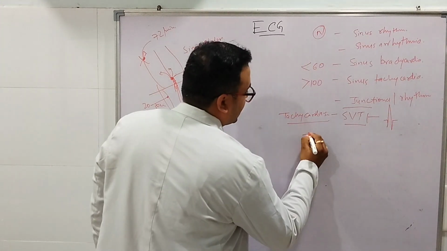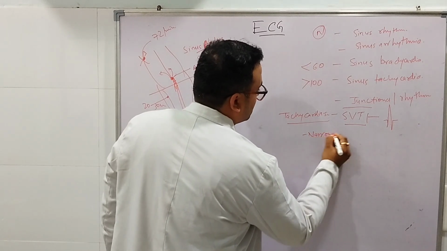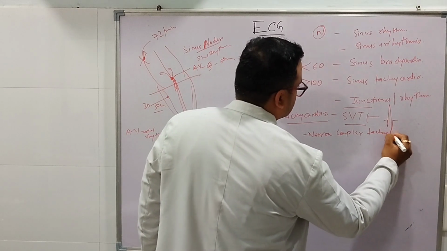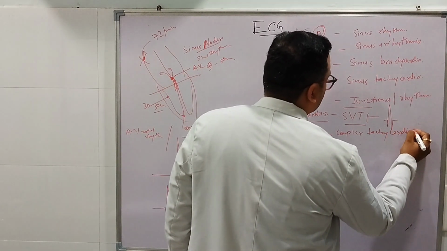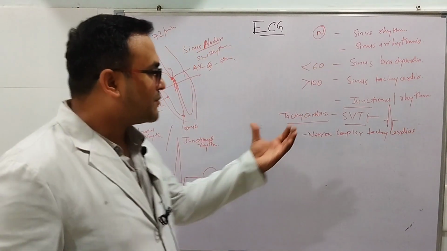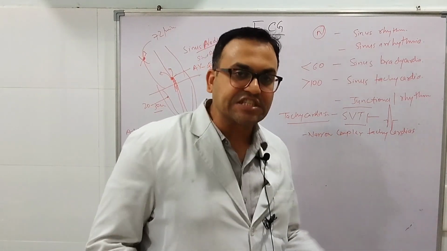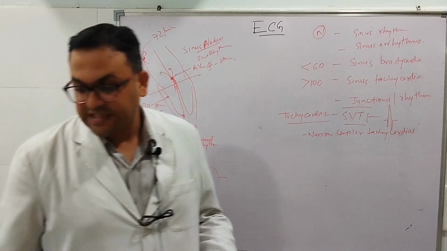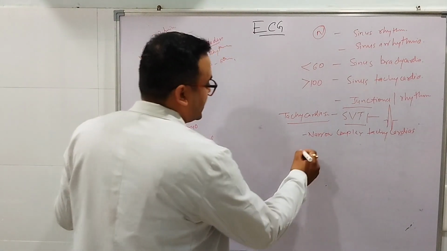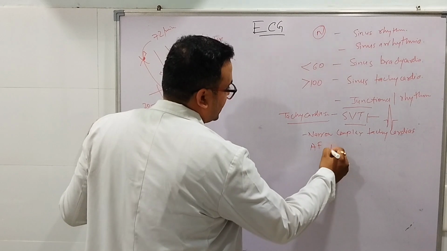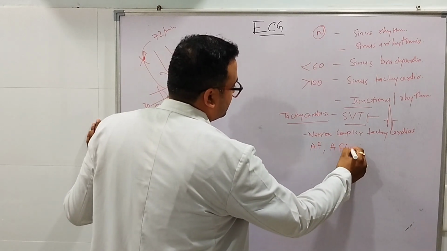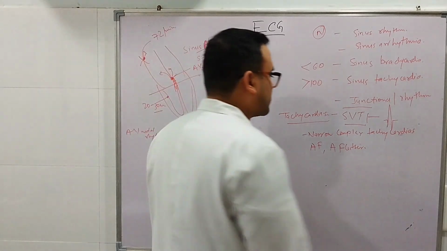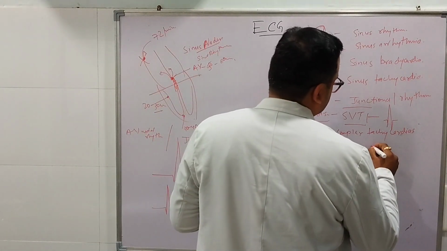So we also call them narrow complex tachycardias. When the QRS complexes are narrow, less than 3 small boxes, then we call them narrow complex tachycardias. For example, atrial fibrillation, atrial flutter. So these are the examples of narrow complex tachycardias.